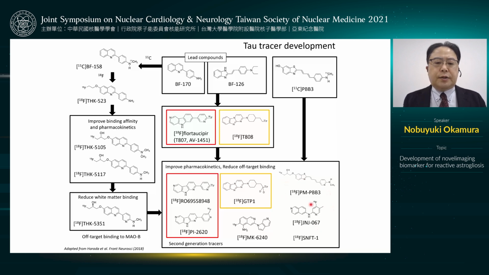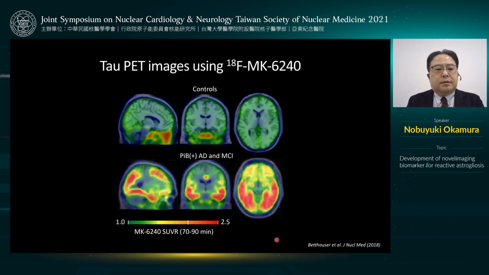Among these tracers, MK6240 is currently considered the best tracer for imaging PHF tau in the brain. This tracer clearly differentiates AD patients from controls and shows little off-target binding in the basal ganglia, midbrain, and choroid plexus.